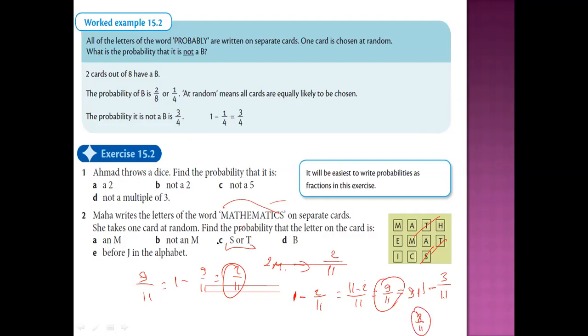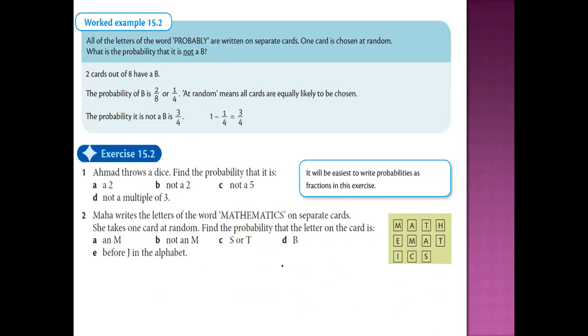The probability of not S or T is 8 over 11. And B also, how many B's? There is no B, that's why 0 over 11 is 0%. So 0 over any number is 0.